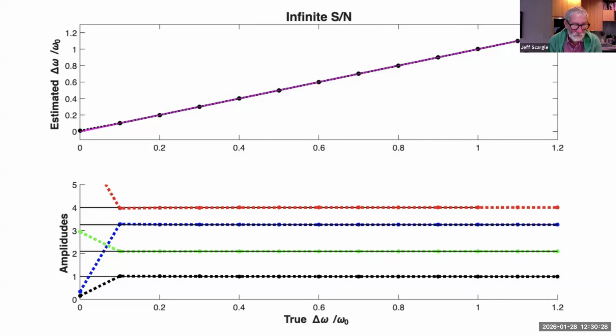The x-axis is the true separation in units of the fundamental. It's sort of a Rayleigh parameter. And the vertical axis in the top plot, forget the bottom plot, is the estimated separation. You see it tracks it exactly all the way down to zero. So super resolution, great. Of course, in reality, you have noise and other issues.